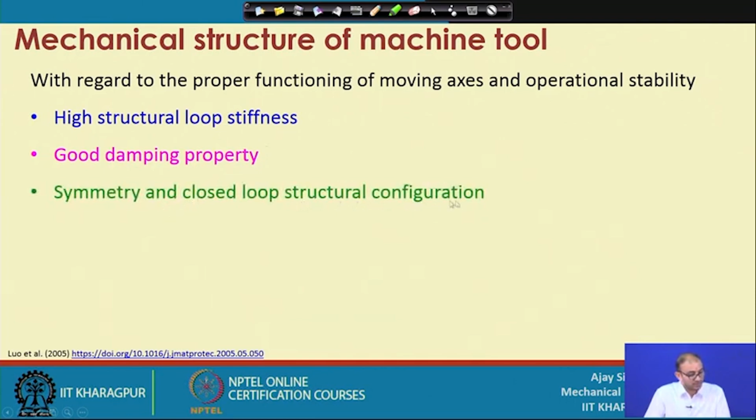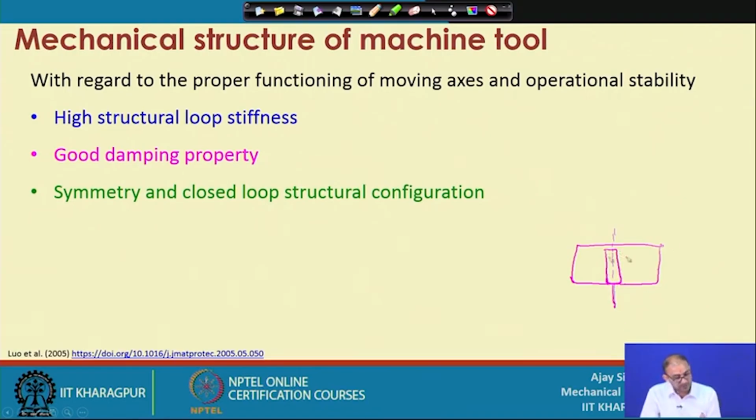Symmetry and closed loop structural configuration. Symmetry, that means when there is a temperature variation. Now, I will show you one video probably in the next class or during the sensor and monitoring part. Suppose we have one system here, and this is the center line of the component, and you have mounted your spindle here at this location, correct.